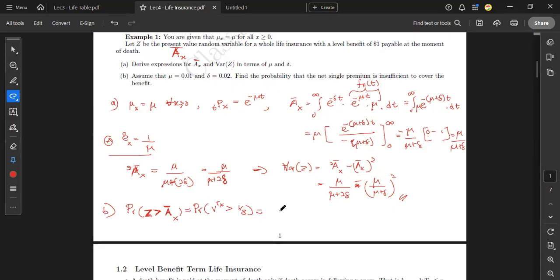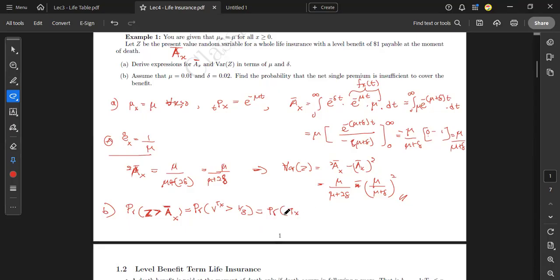And Tx is a random variable, and here it is constant force of mortality. And I mentioned that when constant force of mortality occurs, Tx tends to follow the exponential distribution. So what I need to do is just transform this into an interval of Tx.